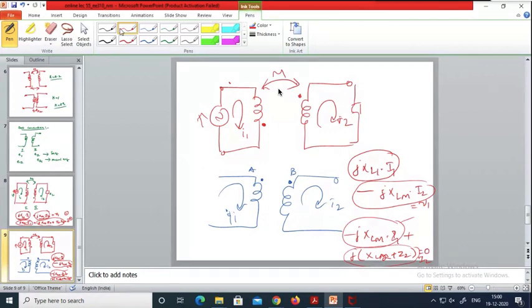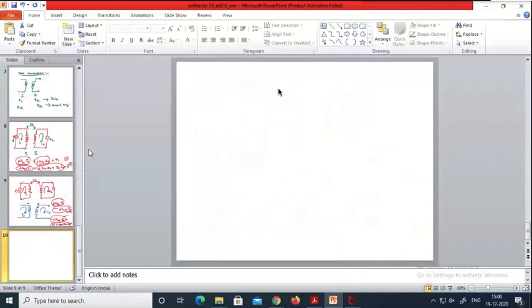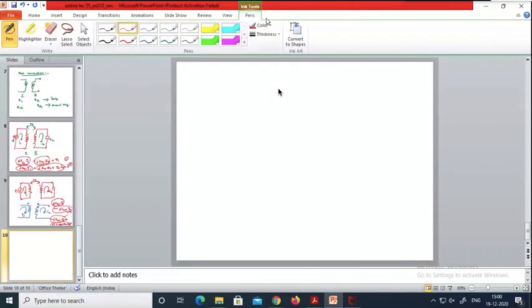So based on this, you can have two kinds of connections: coupled coils in series, and coupled coils in parallel. That means coils can be connected in series and coils can be connected in parallel.